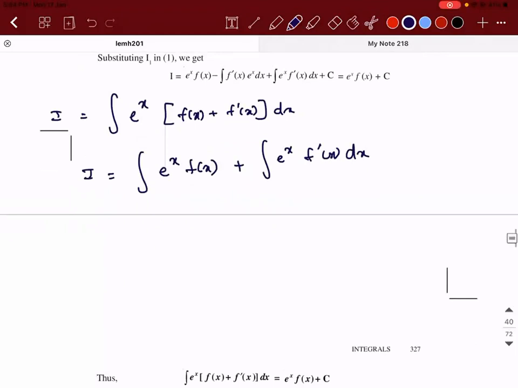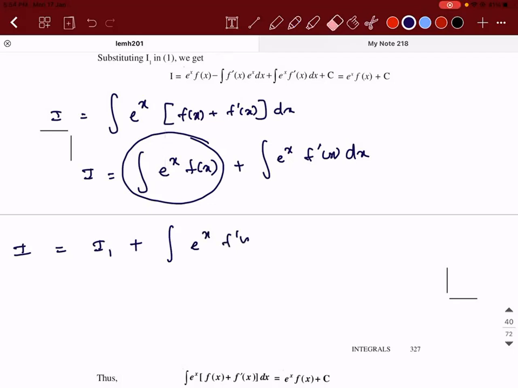So I is equal to, I'll call this I1, plus this one, I will leave it as it is, f dash of x.